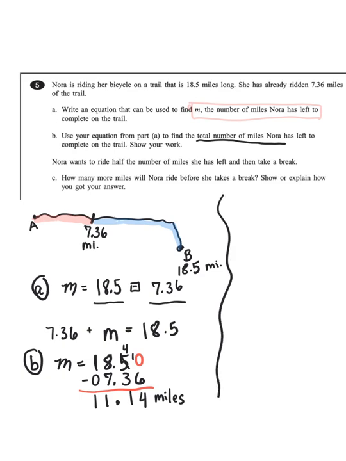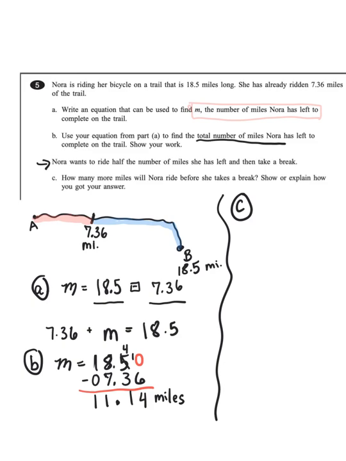Okay, let me just draw a squiggly line here so I have room for part C. How many more miles would Nora ride before she takes a break? Oh no, sorry, I skipped something. Hold on, let me go back up. Nora wants to ride half the number of miles she has left and then take a break. Okay, gotcha.